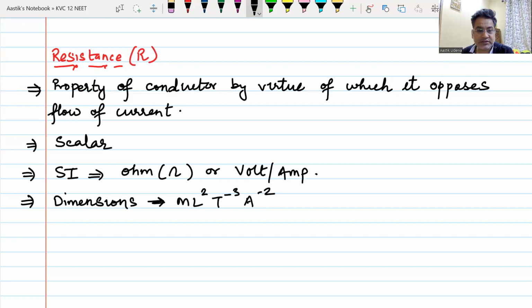Have you noted this down, everyone? Now, the reciprocal of resistance is known as conductance. Since we have done resistance, we can also write conductance.